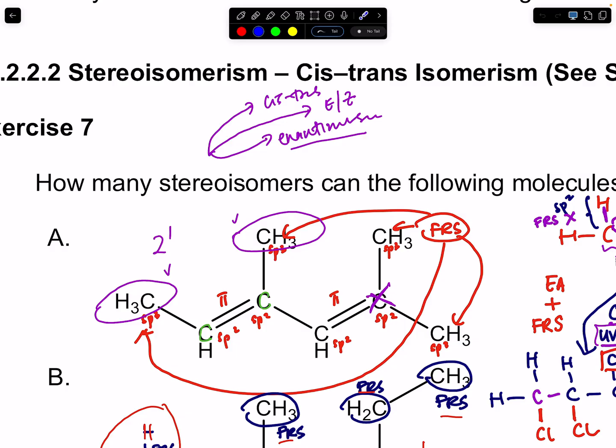They must have different groups on each doubly bonded carbon, and across the carbon-carbon double bond must have similar groups, if you want cis-trans. If you want EZ, you just need to meet one criterion, which is differing groups on each doubly bonded carbon atom. So as you can see over here, guys, there's only one area where you can have cis-trans isomerism. This one cannot. So therefore, the number of stereoisomers is 2 because you're either cis or trans.